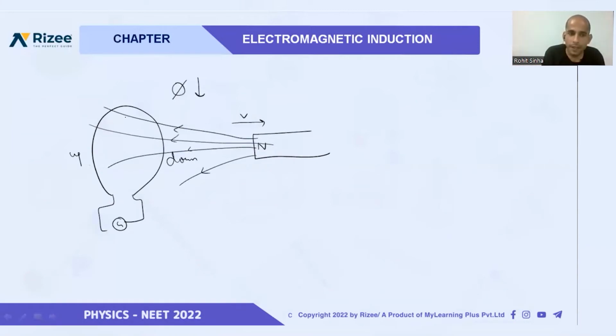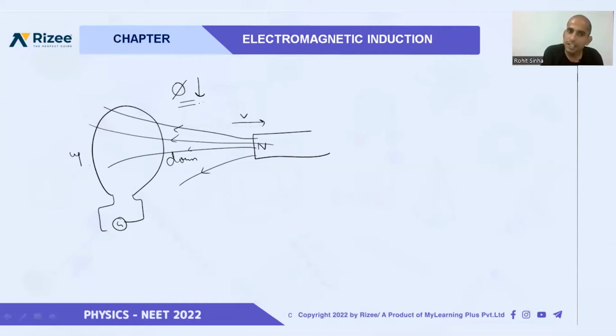Then what will happen? The current in this coil will be produced in that direction which will support this magnetic field, because we know it will oppose the cause which is producing it. That means if the flux is decreasing, this induced current will try to increase the flux.